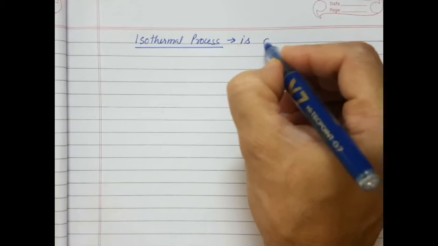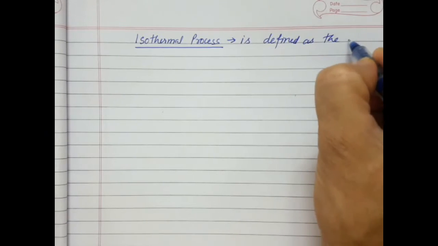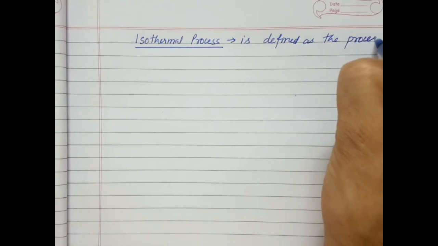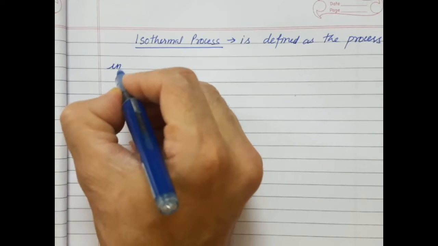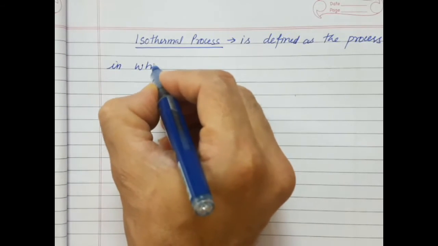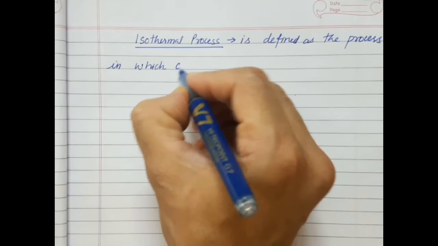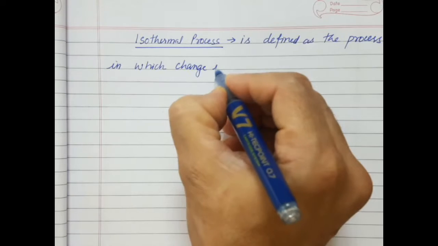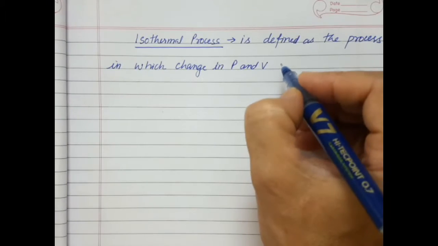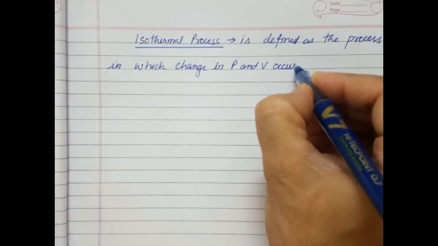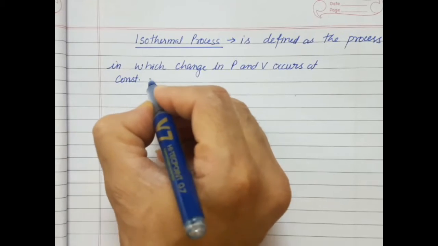It is defined as the process in which change in pressure and volume occurs at constant temperature.